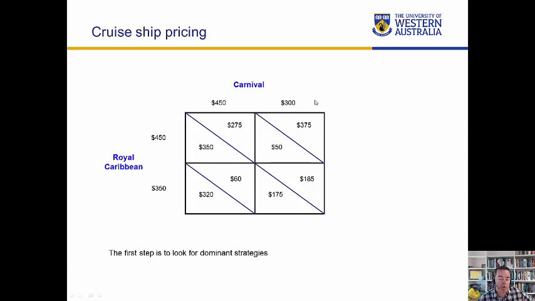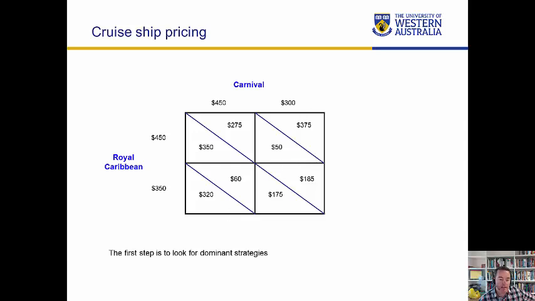So Carnival will always make more profit by charging 300. So Royal Caribbean knows that the left-hand column of this game is basically ruled out. Carnival will never set a price of 450 because 300 is the dominant strategy.